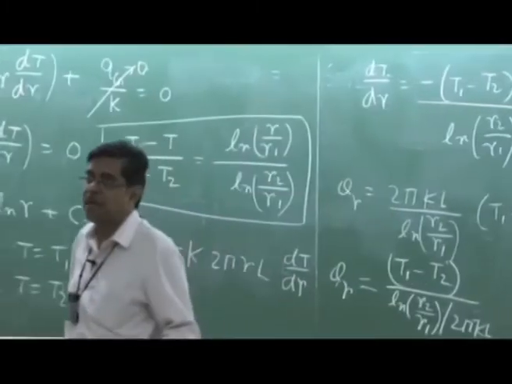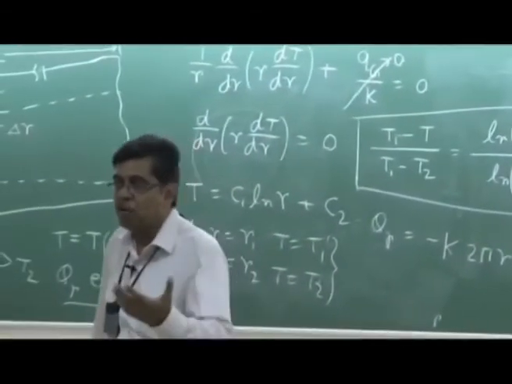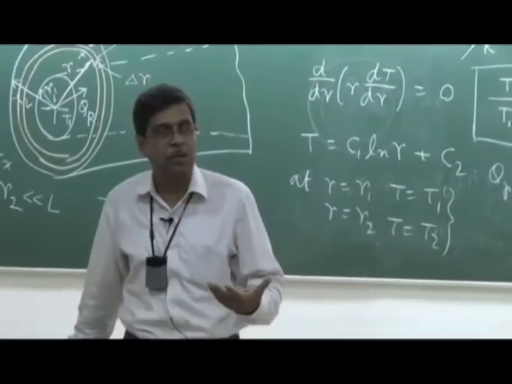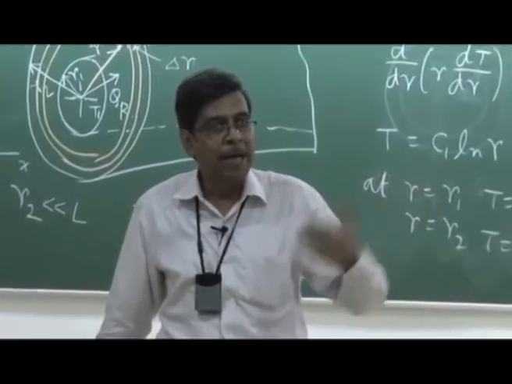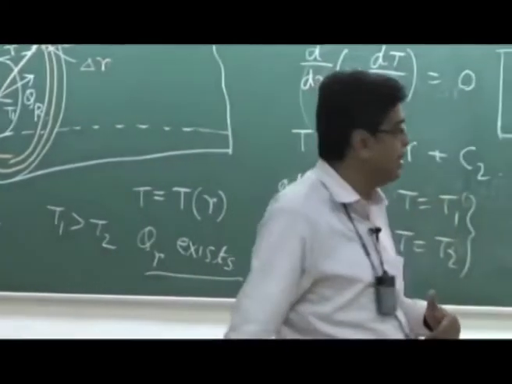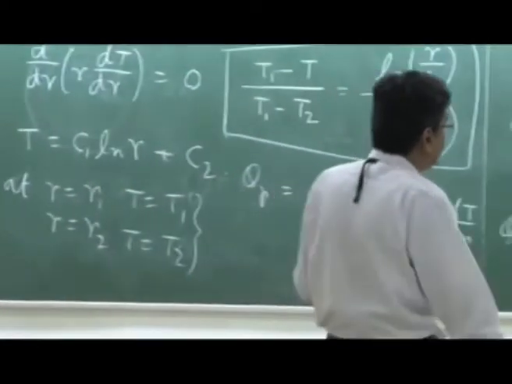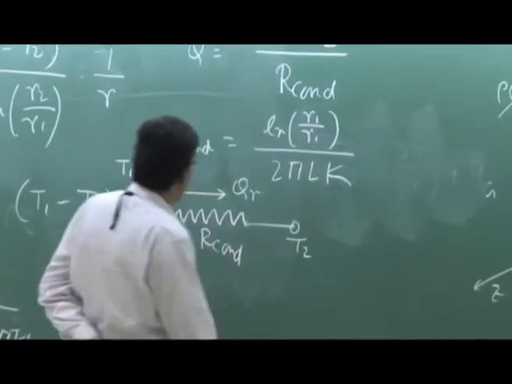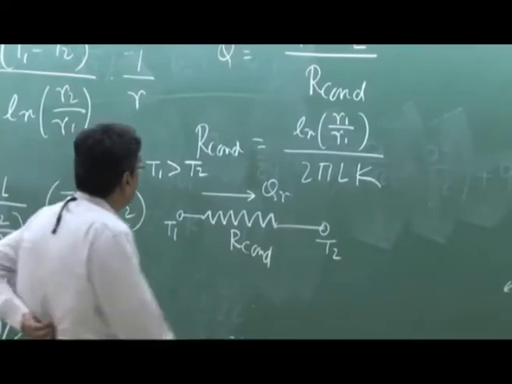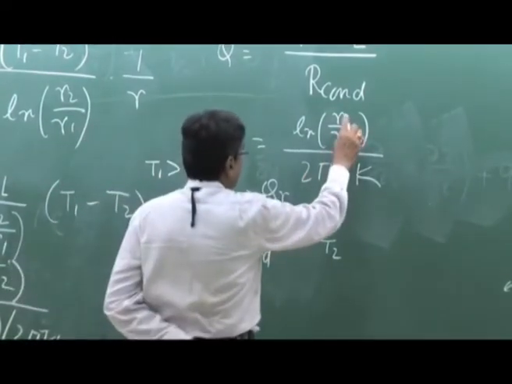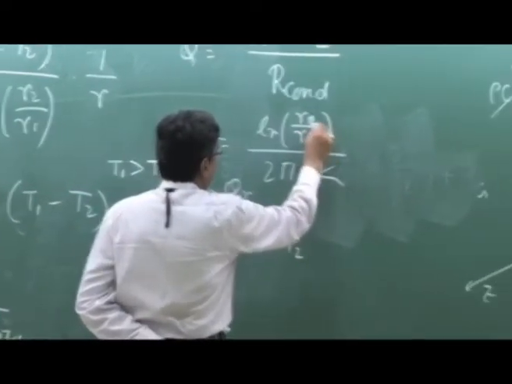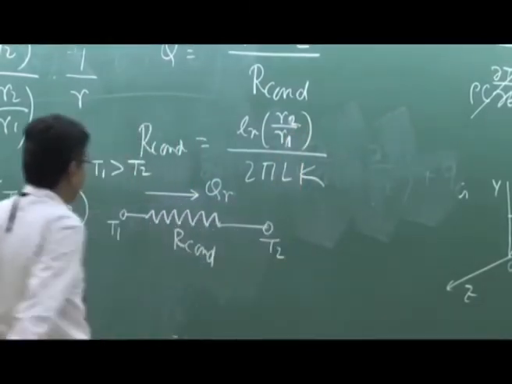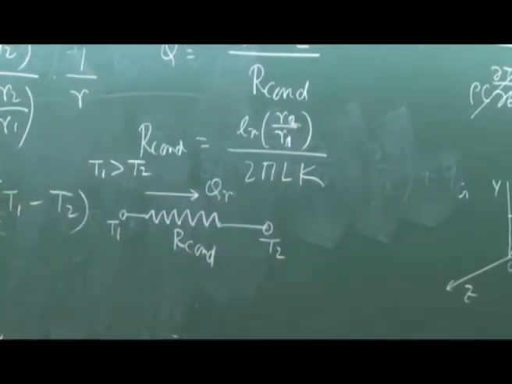In the case of a cylindrical wall it is ln r2 by r1, or whatever nomenclature you use, r_o by r_i, outer radius to inner radius, that means ln of the ratio of the two radii, divided by 2 pi L k.